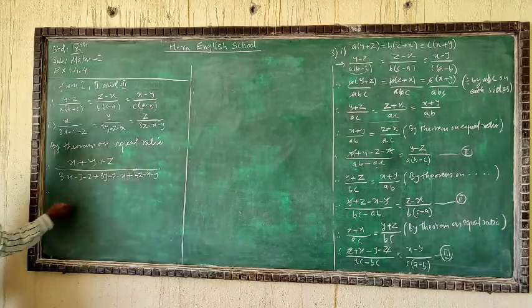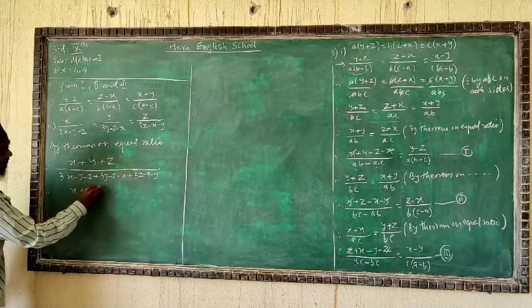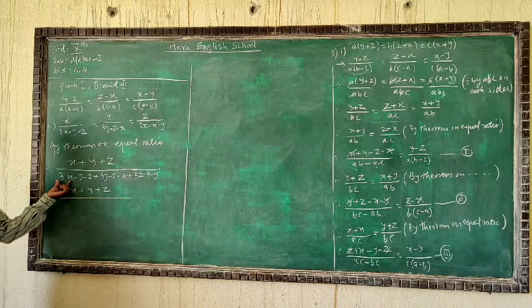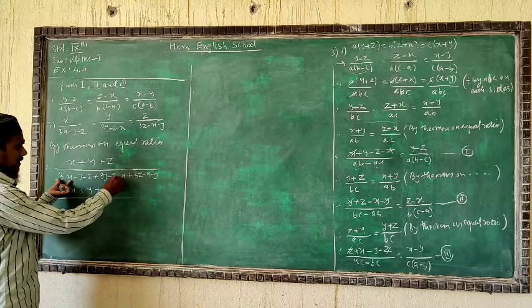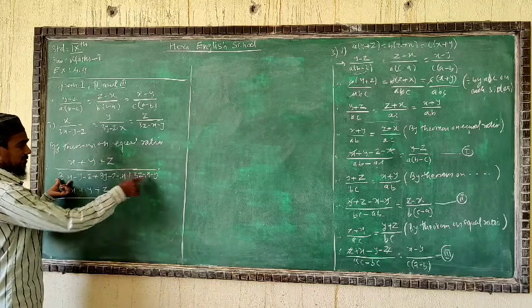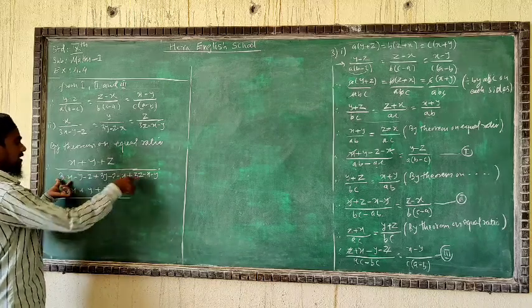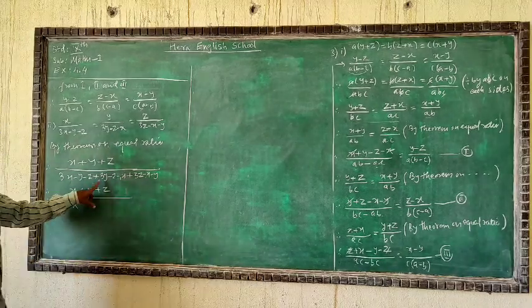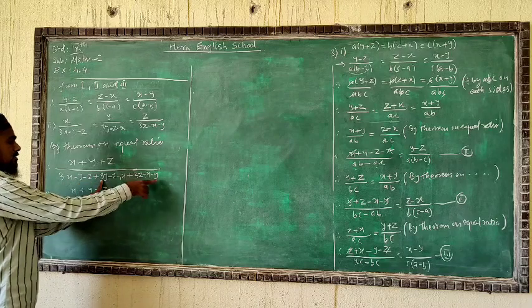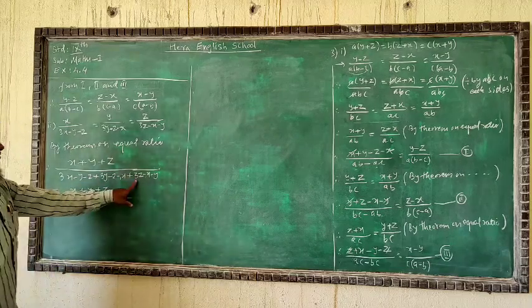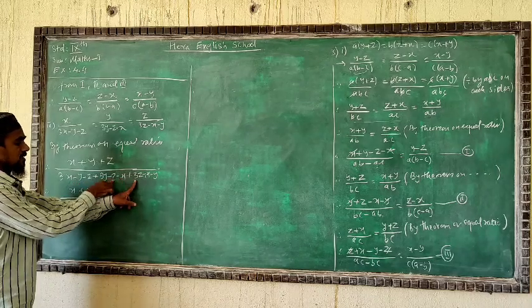Now see very well everyone, in the numerator we have x plus y plus z. In the denominator, this is 3x. From 3x we subtract 1 and 1, minus minus 1, minus 1 minus 1, you will get minus 2. From 3 you cancel the minus 2x, you will get only a single x. Same thing here, 3y is there, minus 1y and minus 1y, you will get 1y. Same thing here, 3z, minus 1z and minus 1z.